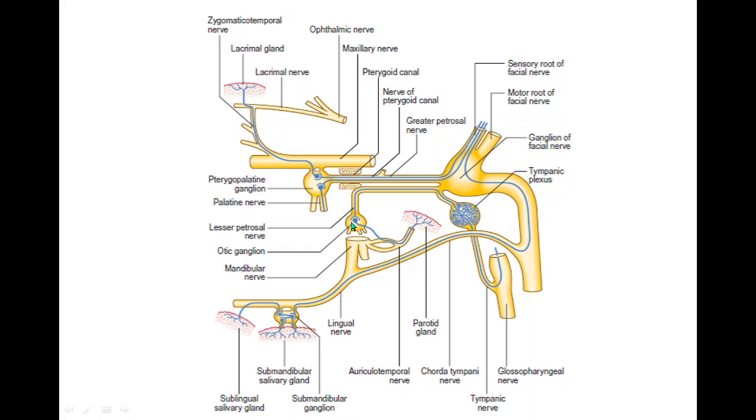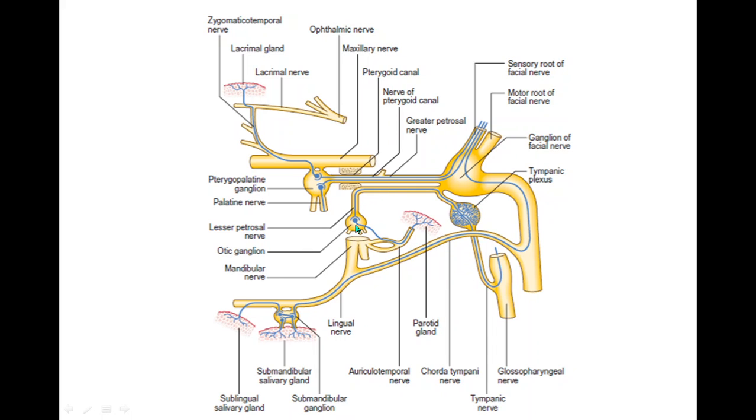So now this is the otic ganglion. The otic ganglion receives its preganglionic fibers through the lesser petrosal nerve, which is a branch from the glossopharyngeal nerve.